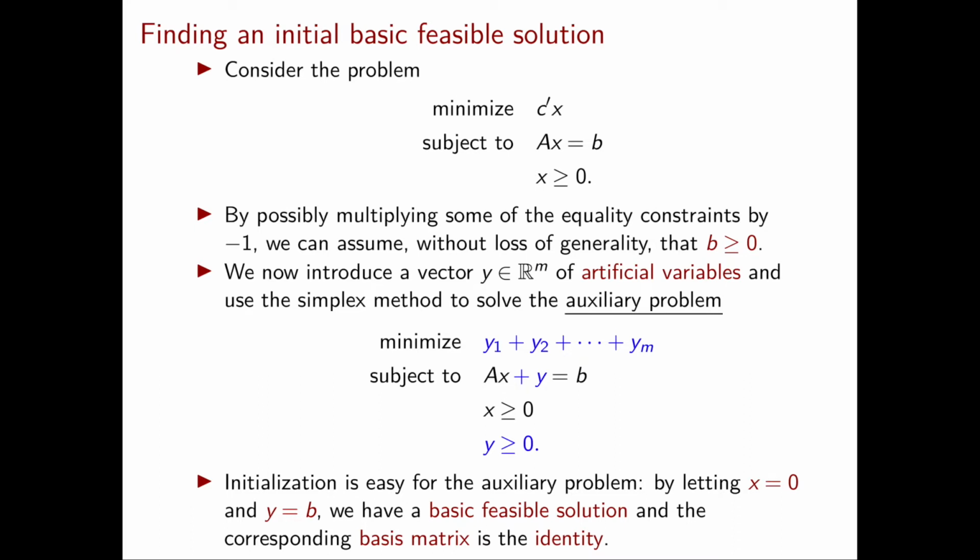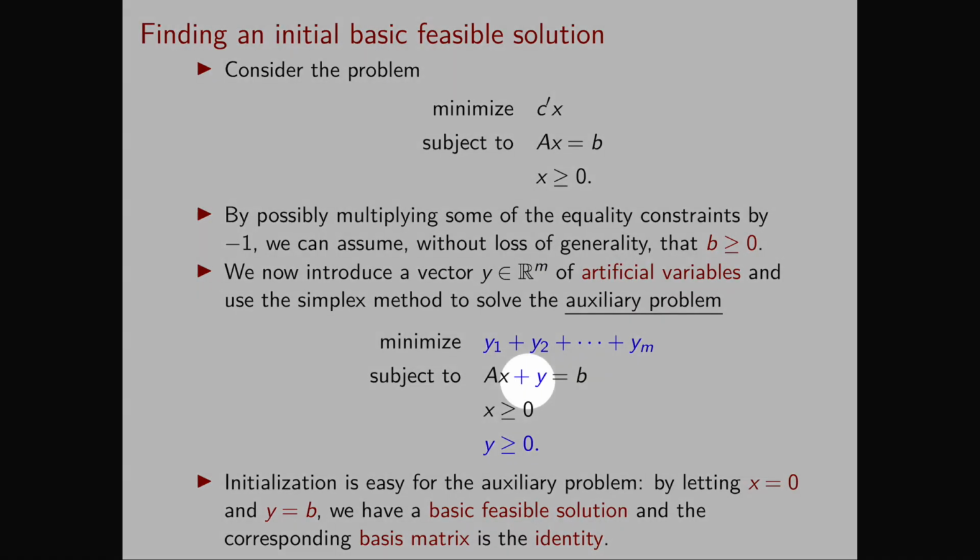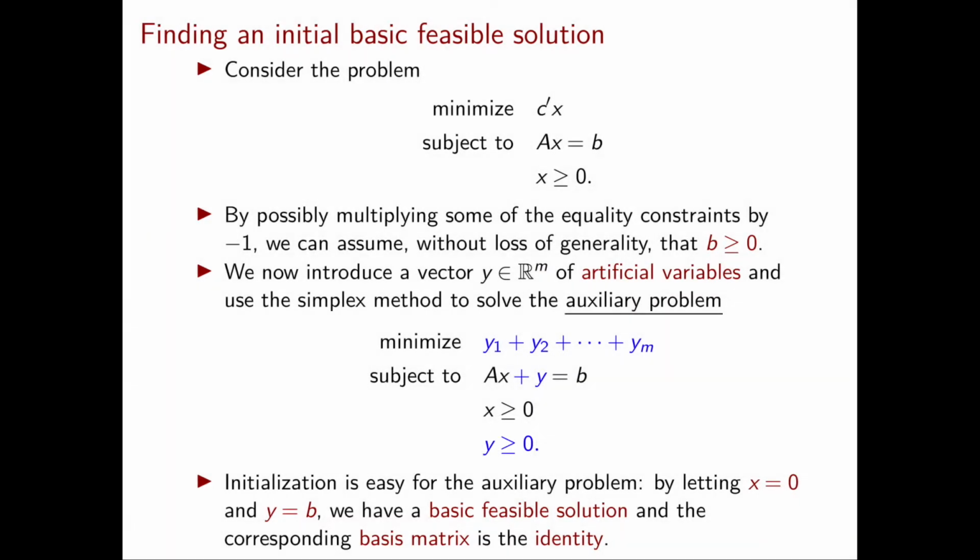And the way we obtain such an auxiliary problem is in a way similar to what we discussed just one slide ago for that linear programming problem with a very special form. In fact, also here we want to add non-negative slack variables, which in this case we're going to call y. If you think about it, we don't really need here to introduce slack variables.